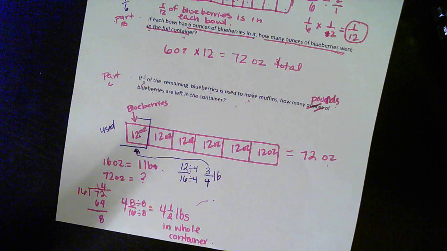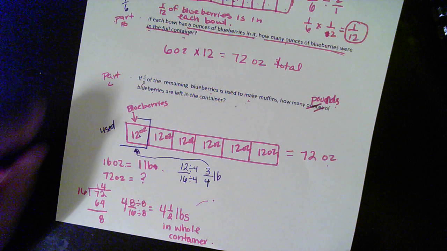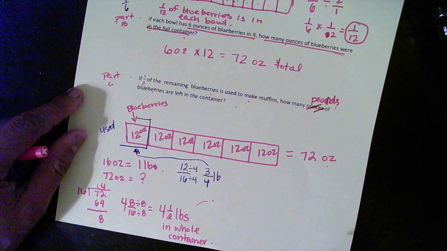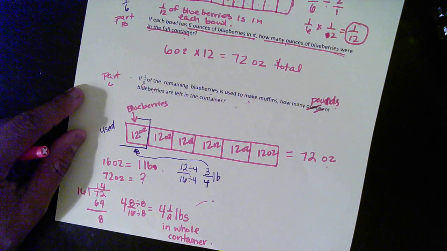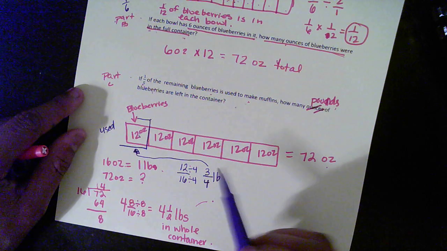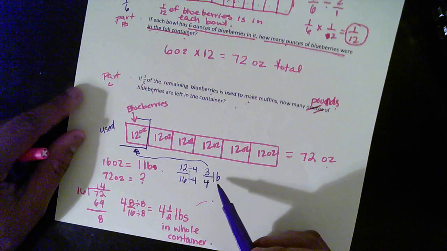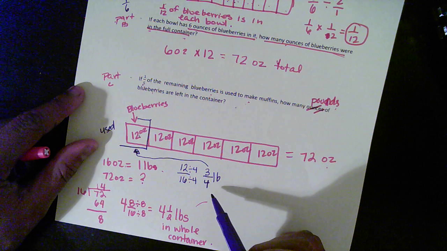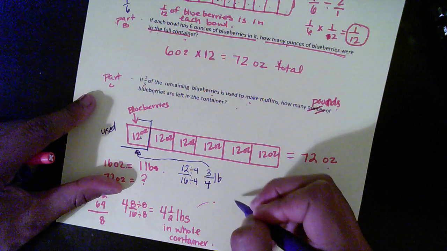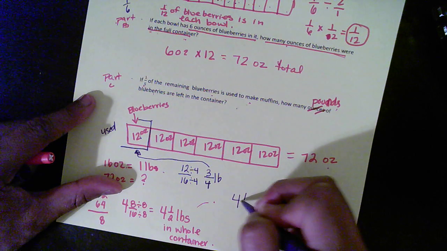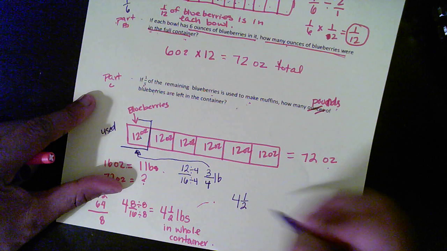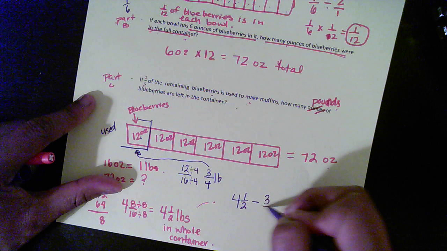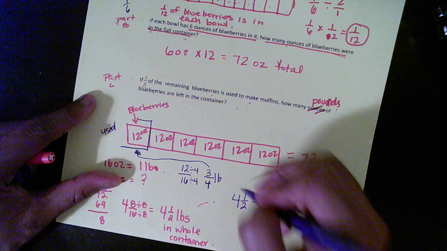God, my brain is on overload, okay? So 12 ounces of a pound is 3/4, okay? If I needed to convert that into pounds. So now that I have that, I can say, well, 4 1/2, which is the total, subtracted what was used, right?